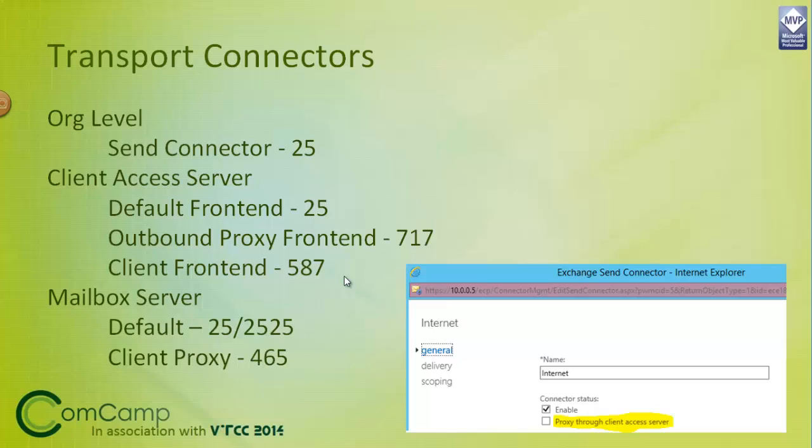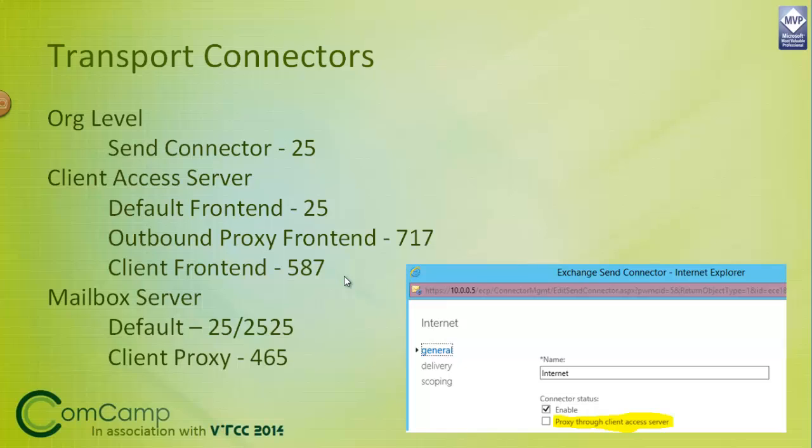Then we have client front-end on port 587, which receives the email from POP or IMAP clients and accepts secure connections with TLS. All right, we already discussed the outbound proxy front-end connector, which is being used by the send connector to send the emails out through the client access server.